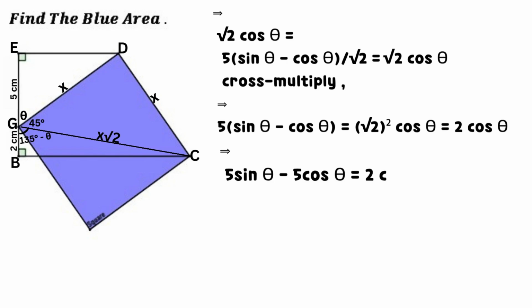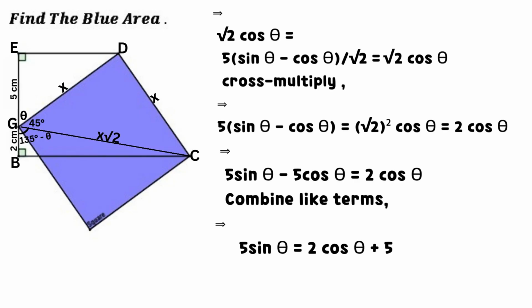5 times sine theta minus 5 times cosine theta equals 2 times cosine theta. Combine like terms. This implies that 5 times sine theta equals the sum of 2 cos theta and 5 times cos theta, which equals 7 times cos theta.